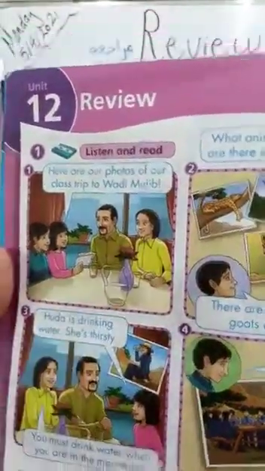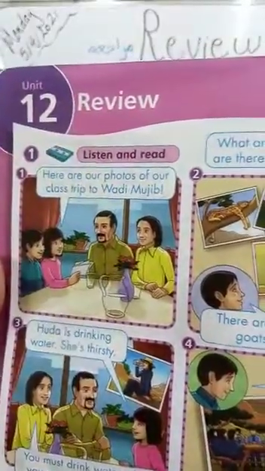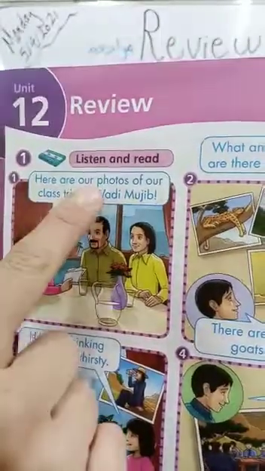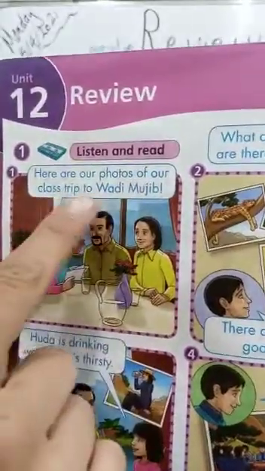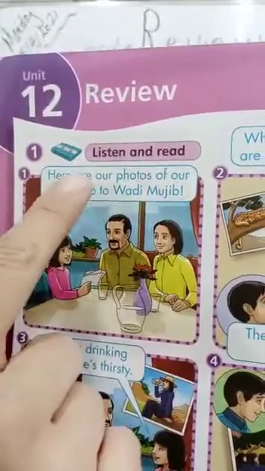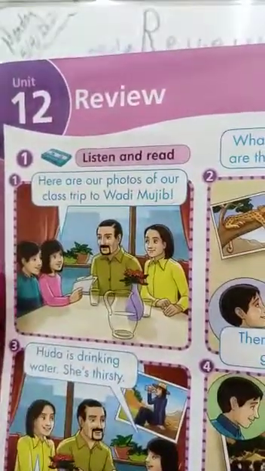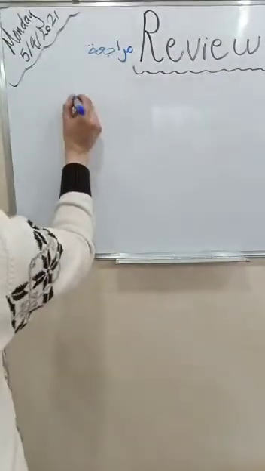Now, let me read the lesson. Review. Here are our photos of our class trip to وادي موجب. Asma says, here are our photos of our class trip to وادي موجب. Photos. What's the meaning of photos? صور.